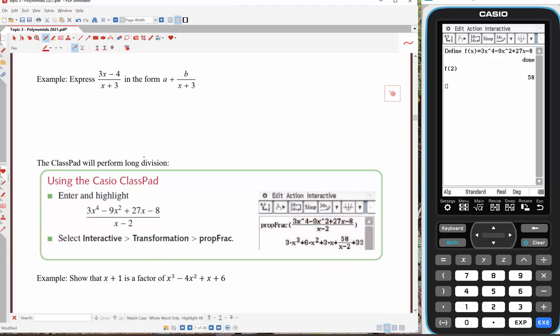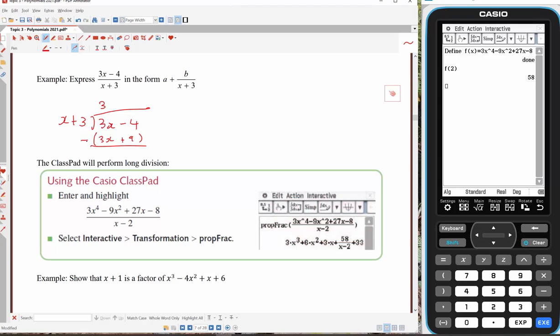Alright, here's the only time I really use long division in maths methods, is to help us out with expressing a linear over a linear in this form here. So what I'm going to do is go x plus 3 goes into 3x take 4. That goes in 3 times. Re-multiply it out. 3x plus 9 brackets subtract.